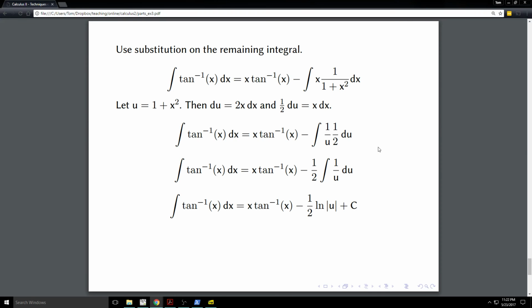And then back substitute, u is 1 plus x squared. And I've removed the absolute value bars because for any real number x, 1 plus x squared will wind up to be positive, and the absolute value of any positive expression would just be itself. Okay, and that's it for this example.